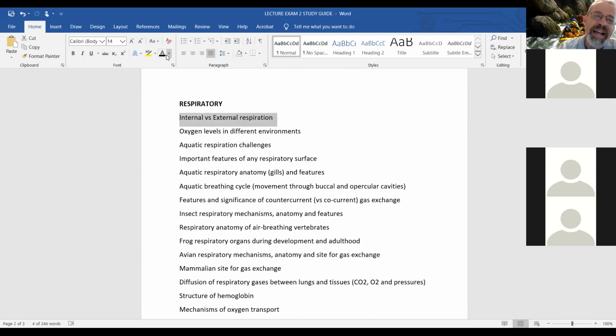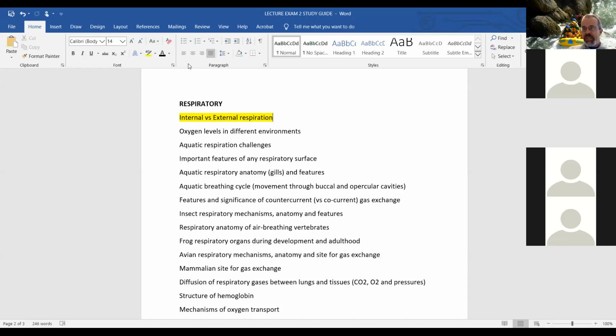And remember, external respiration involves the movement of oxygen from the outside world through the lungs into the blood, and circulates through the blood. And then that oxygen is delivered to the tissues. That would be internal. So it's the transport, it's the movement. And of course, I mentioned that the reason why oxygen moves in that direction from the outside world to the lungs, to the blood, to the tissues has to do with diffusion, high to low concentration, which is the same mechanism that CO2 moves the opposite direction, from high to low, going from the tissues out.